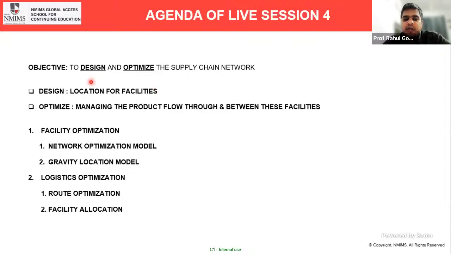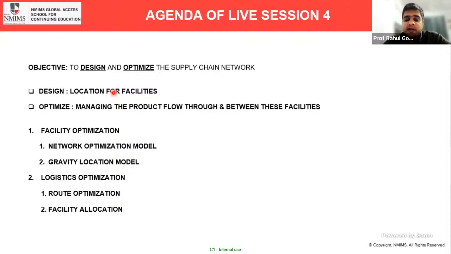When we talk about design, we want to look at the locations where we want to set up our manufacturing units and our warehouses. Sometimes there is a decision involved in whether to set up a factory or a warehouse.